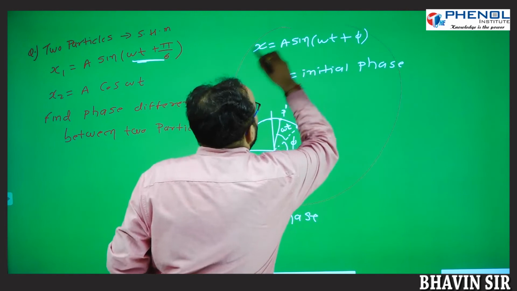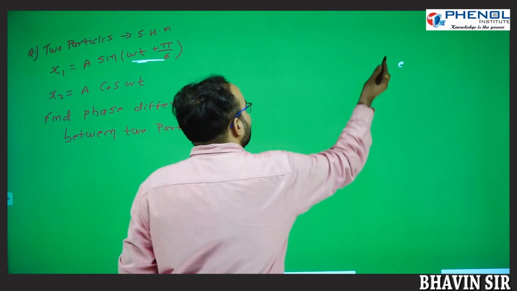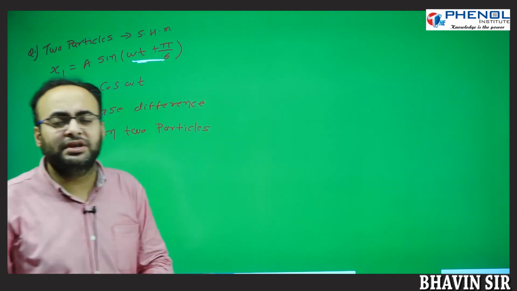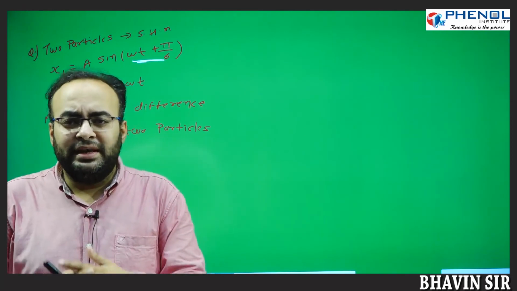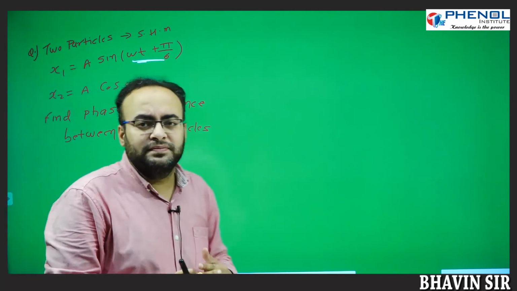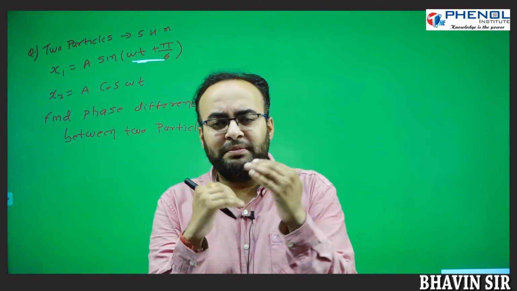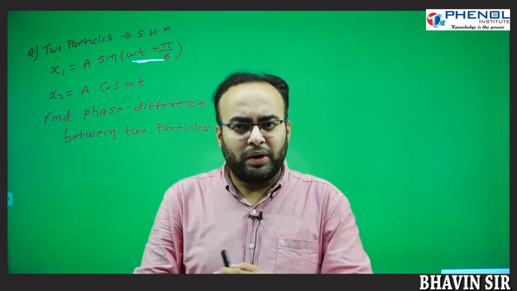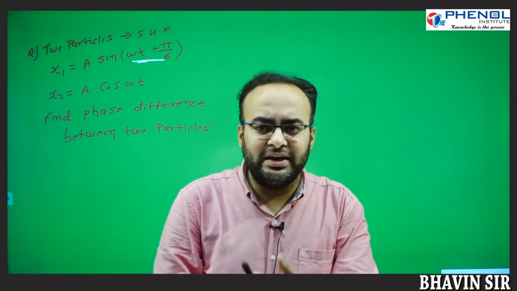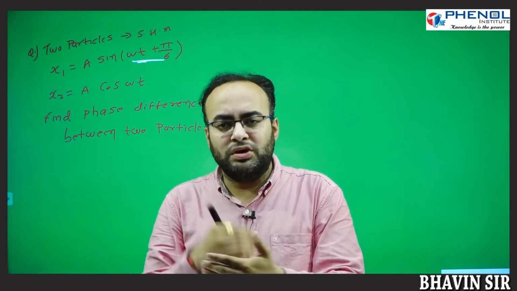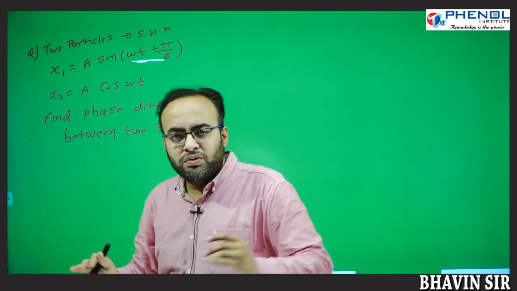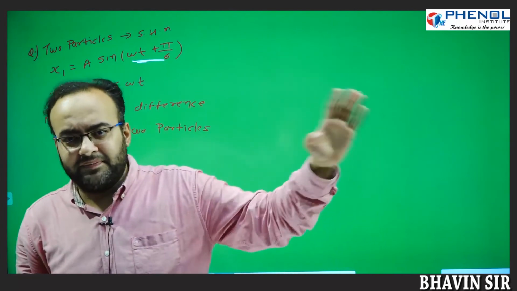Now see students, how to find the phase difference. You just have to subtract. But either in both equations there should be sin, or in both there should be cos. If you want to convert both functions into sin, then it is fine.